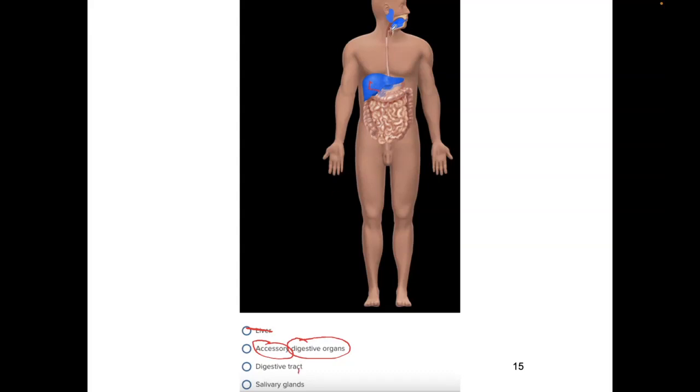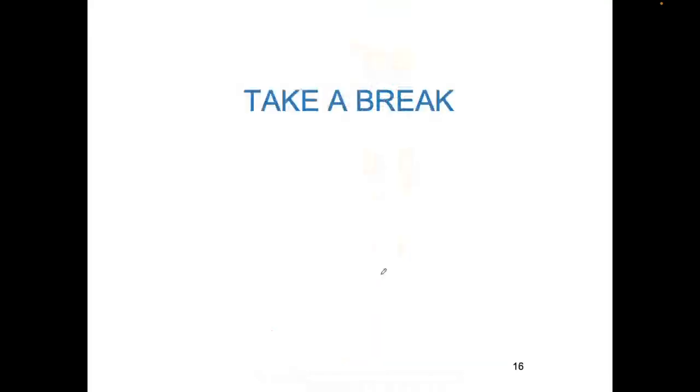The digestive tract, well, that's esophagus, stomach, small intestine, and large intestine. Salivary glands are here. That's your parotid gland. Under the tongue is the sublingual gland. And under the mandible, the submandibular gland. This is the tongue. Okay, so everything in blue, these are called accessory digestive organs.